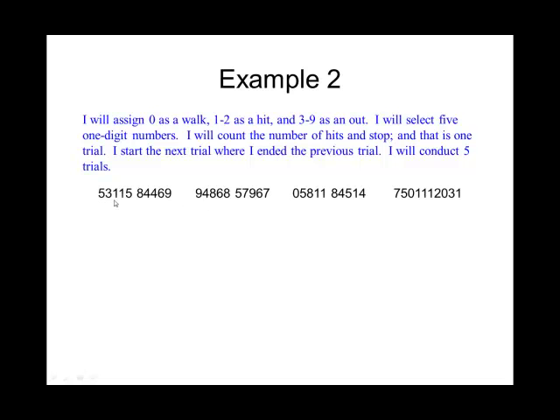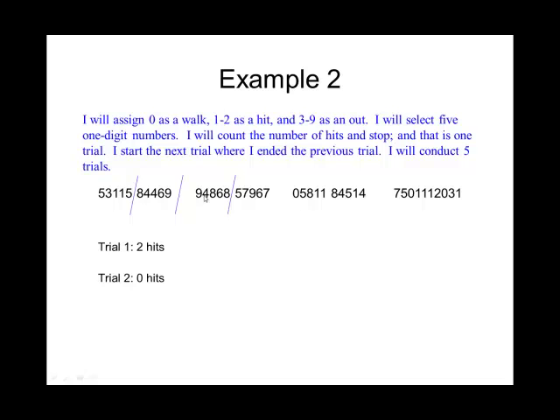So here's my second row of random digits. In my first trial, the first 5 numbers, I have found that I have 2 hits, because there are 2 ones. Alright, so I've gotten 2 hits out of my 5 at-bats. In my second trial, I have 8, 4, 4, 6, 9, which are all outs, so there are 0 hits.